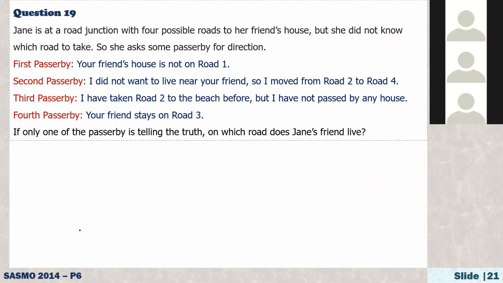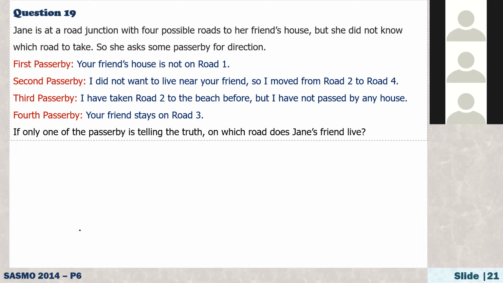Can I read? Yes, Nargis, read the question. Jane is at a road junction with 4 possible roads to her friend's house, but she didn't know which road to take. So she asked some passersby for direction.